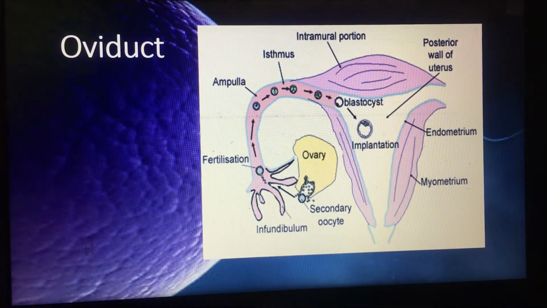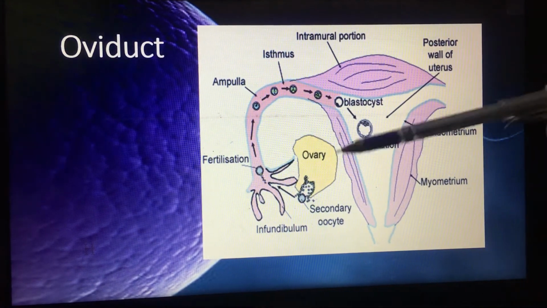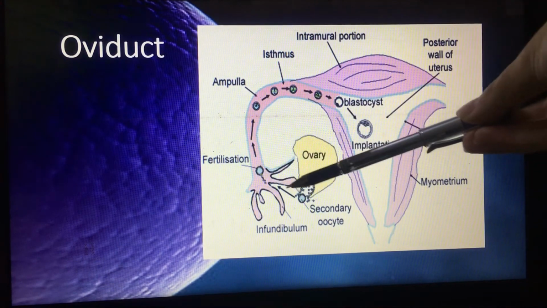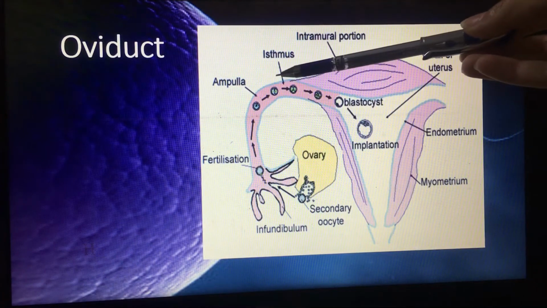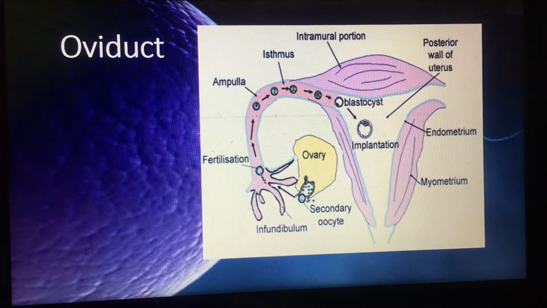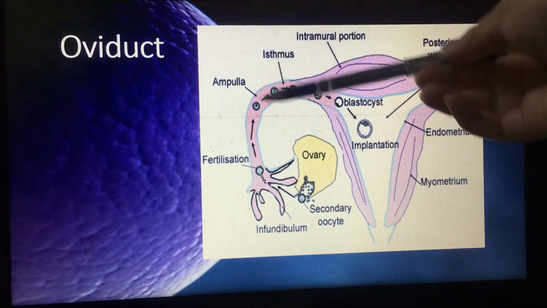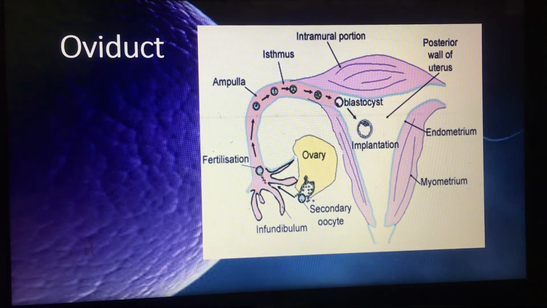And also the male gametes, called sperm, meet the eggs in the oviduct. So the eggs move through the oviduct to the uterus, and also in the oviduct the sperm, which are the male gametes, meet with the eggs.